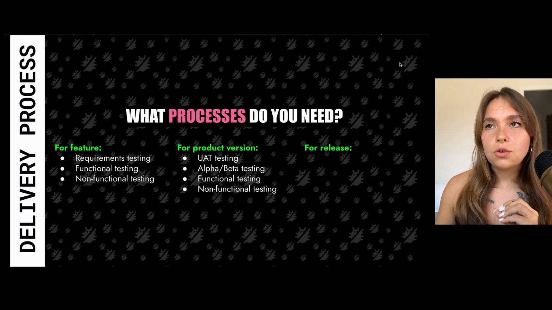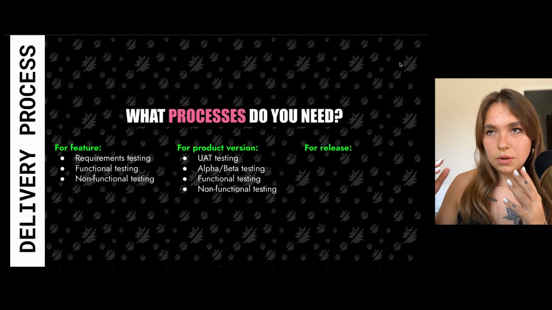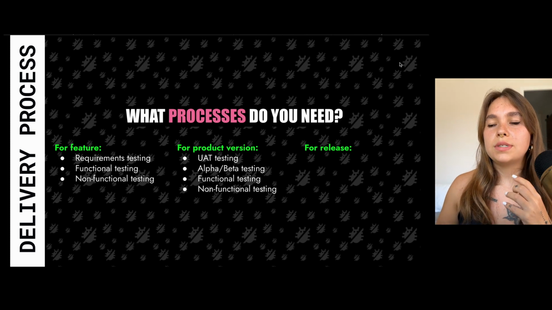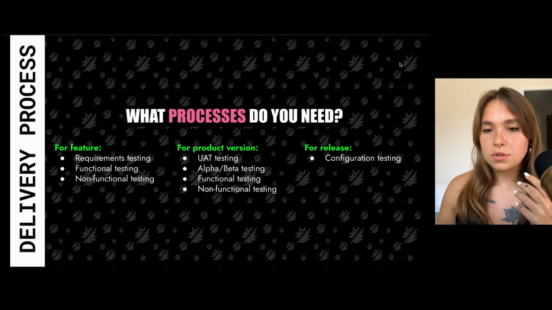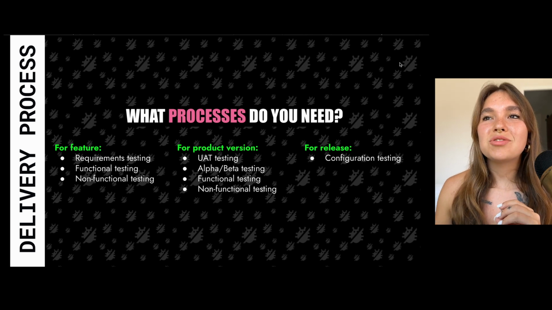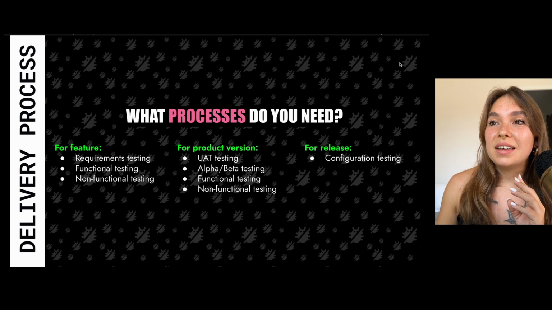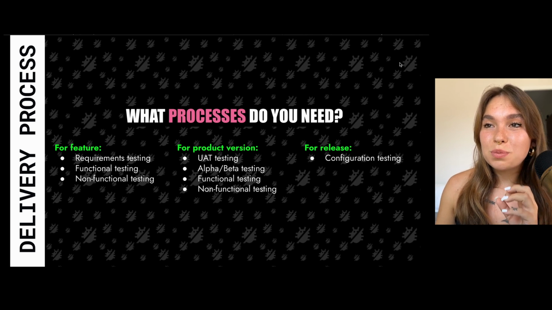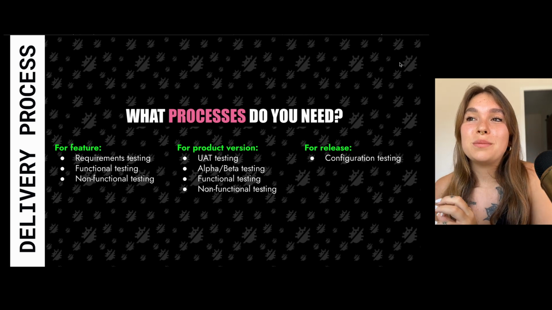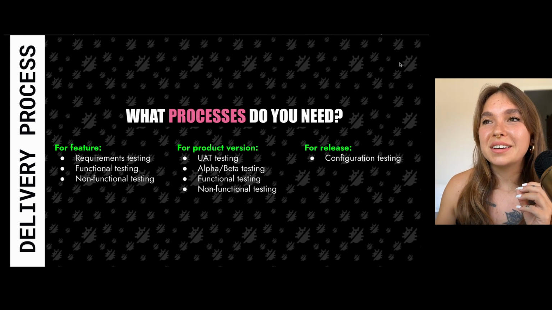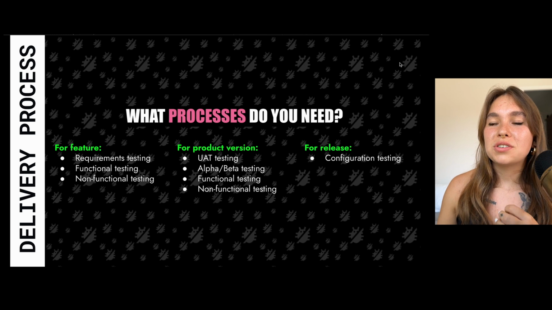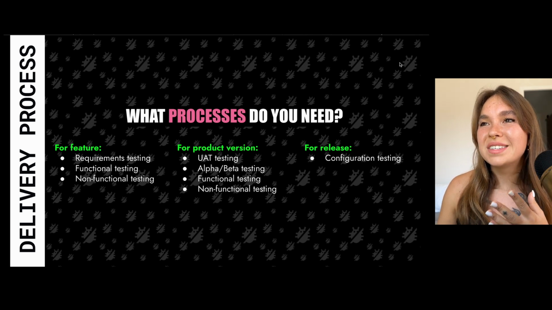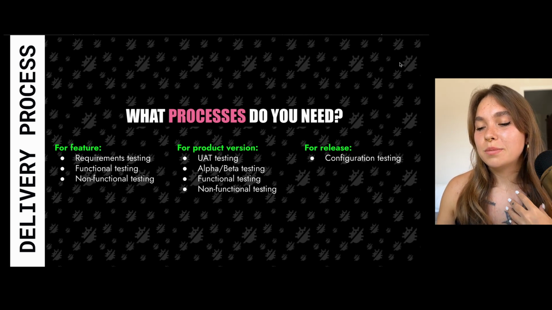And also for releases, which was the initial idea of CI/CD. So it's configuration testing, because sometimes it's a very real situation that we tested everything and we are quite sure about each particular feature, but finally for some reason we have an incorrect configuration on our production environment, and it can of course lead to different problems.